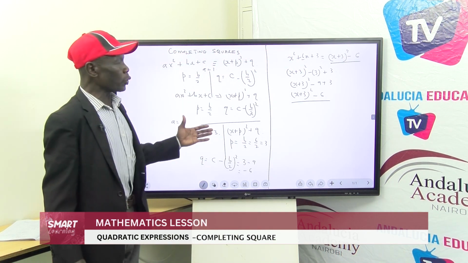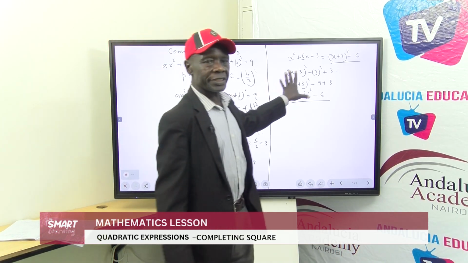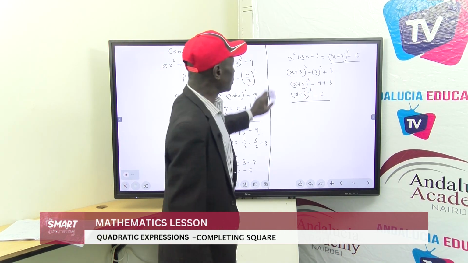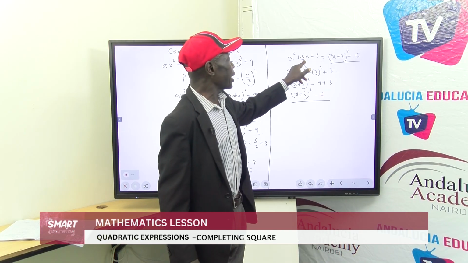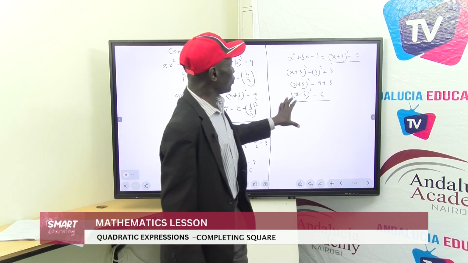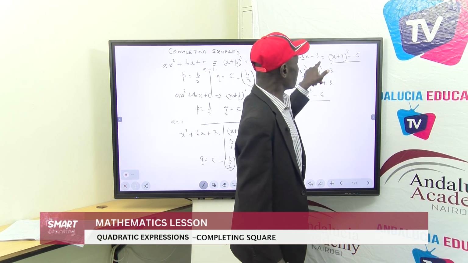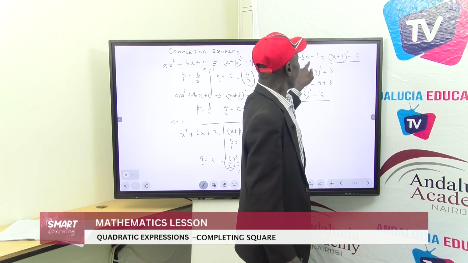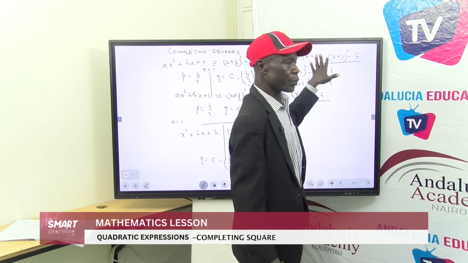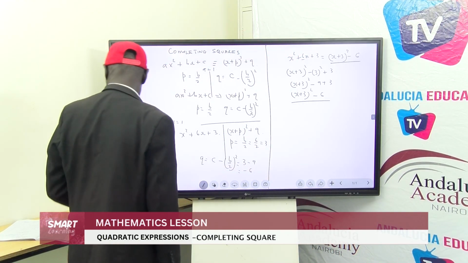So, you can use this formula or you can move step by step. But remember, to get the factor, you have to divide b by 2. And then, to get your q, you have to subtract b over 2 squared from your c.